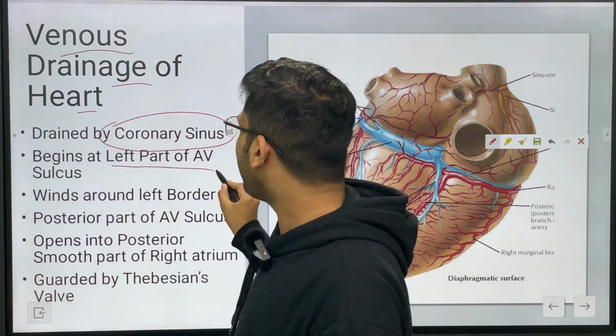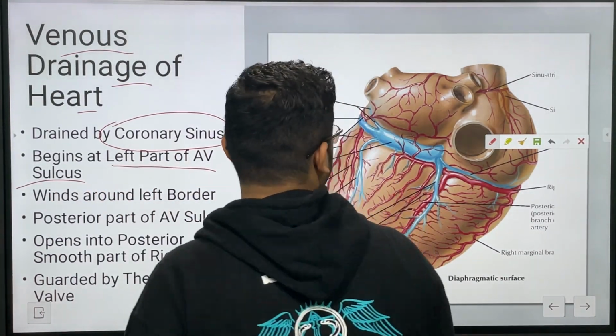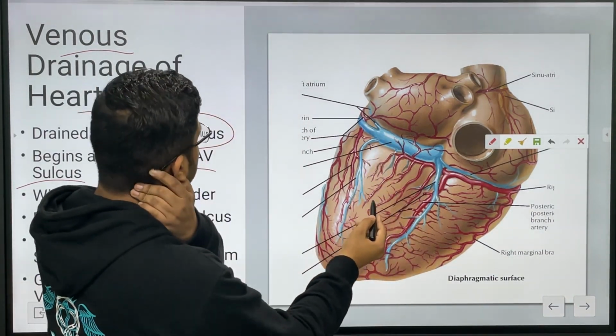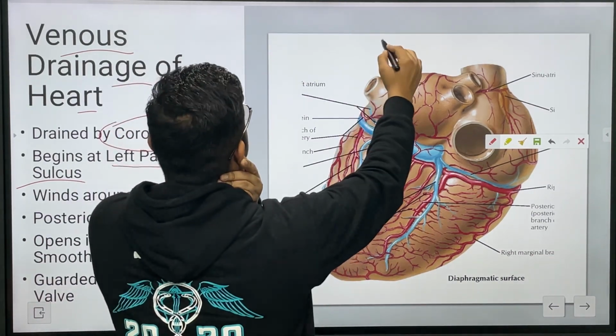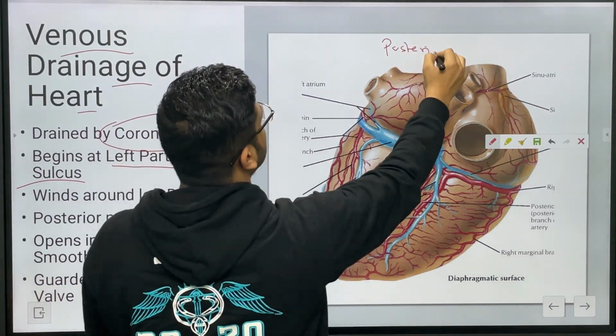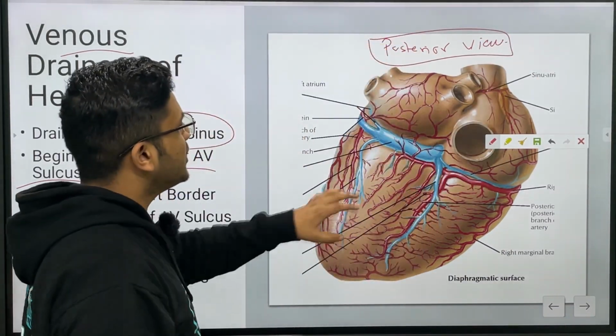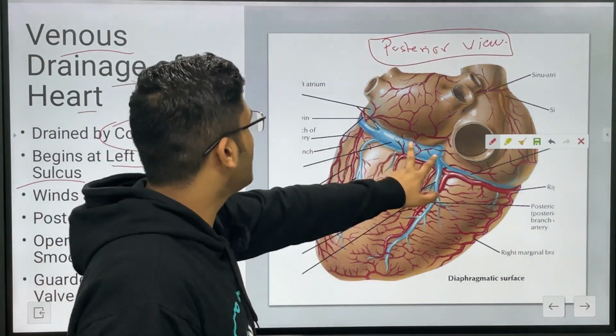It begins at the left part of the atrioventricular sulcus. We can see it here. First of all, this is the posterior aspect, the posterior view, so don't get confused. This is your coronary sinus.